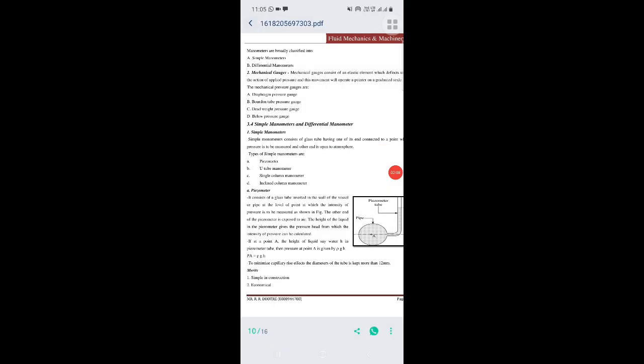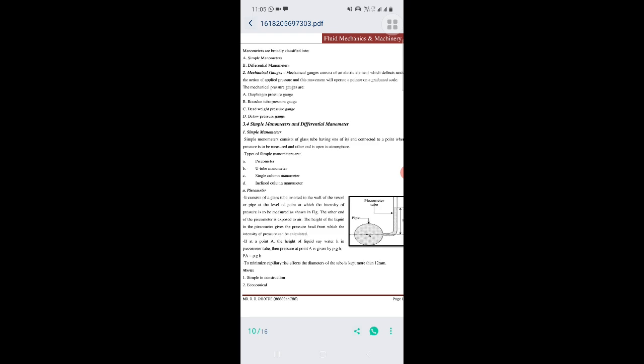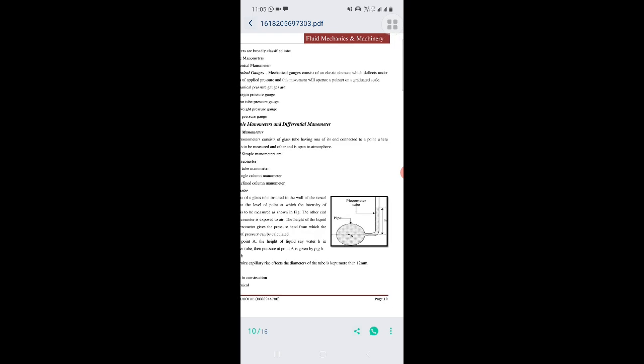The height of liquid in the piezometer gives the pressure head, from which the intensity of pressure can be calculated. In the figure it shows the height h. Consider a point whose pressure is measured.